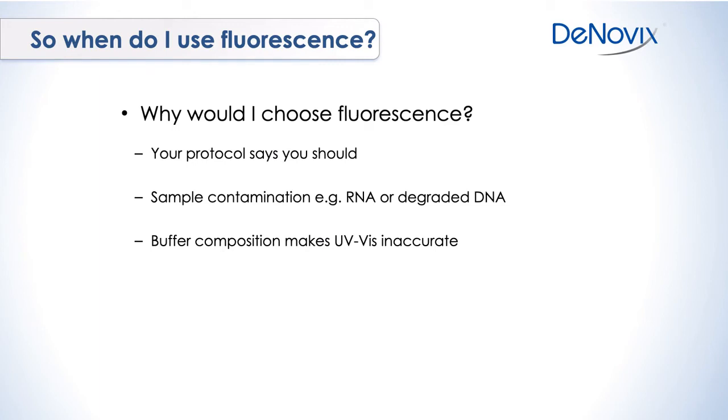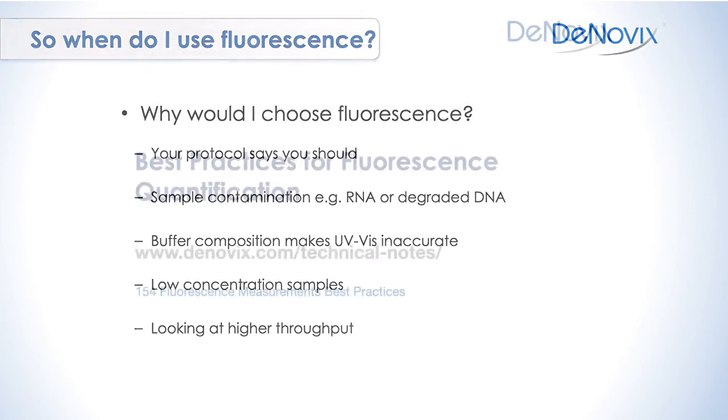So you may choose fluorescence rather than absorbance in those situations. Clearly, if you have low concentration samples beneath the sensitivity of absorbance, you'd want to use fluorescence. And sometimes when you're looking for higher throughput, fluorescence can be an easier assay to automate.